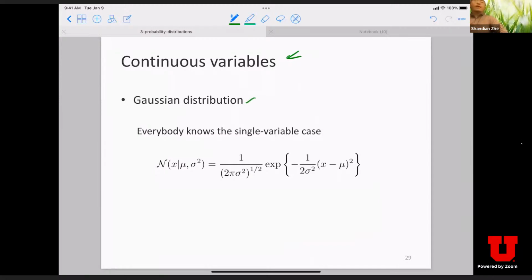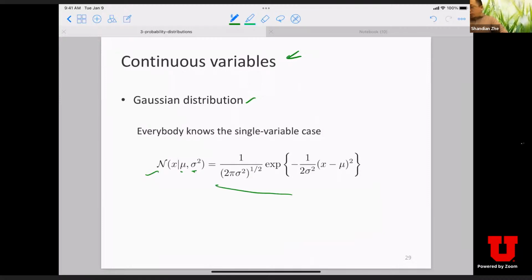Obviously, the most commonly used continuous distribution is the Gaussian distribution, right? So everyone knows in the single scalar case, the Gaussian distribution is parameterized by the mean mu and the variance sigma squared, and its probability density can be written this way, right?